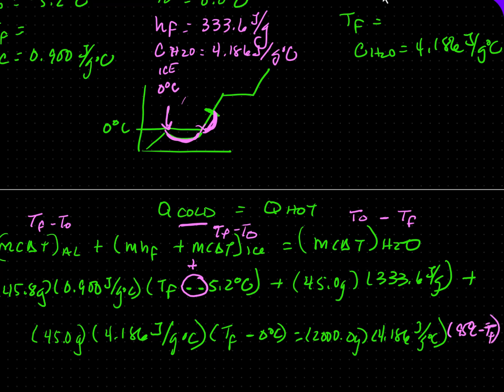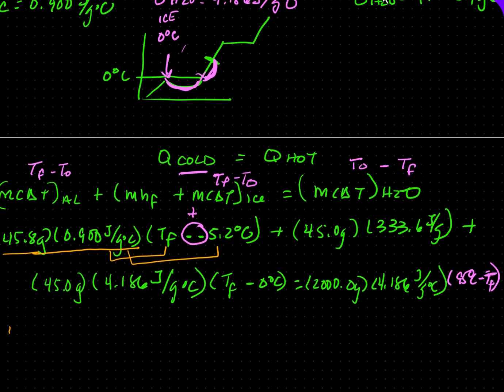Now I'm going to simplify, and we're going to start here: 45.8 times 0.9, and then distribute it to the T final and the positive 5.2. So that's going to become 41.22 T final plus 214.344, plus 45 times 333.6, which is 15,012.